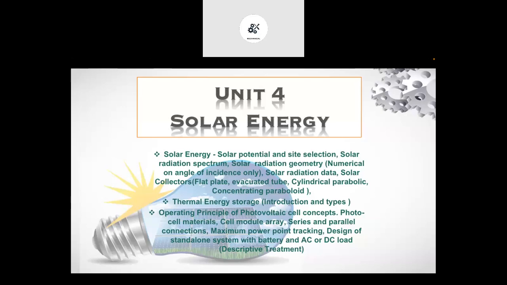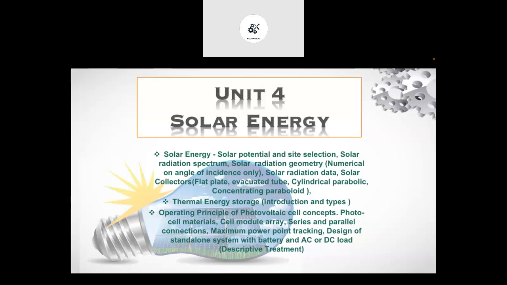So because of that, the solar radiation received by the Earth's surface at different locations is different, and that geometry we have to study before going for any particular application, because it will directly affect the radiation received at that location. The radiation intensity also depends on other factors like weather.